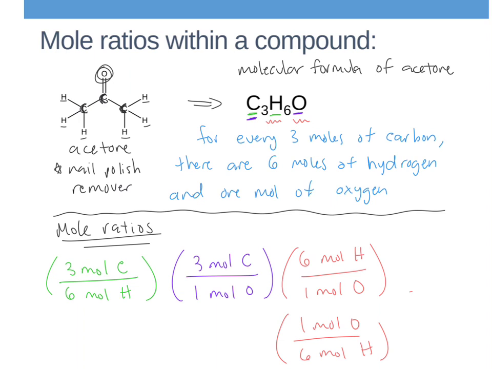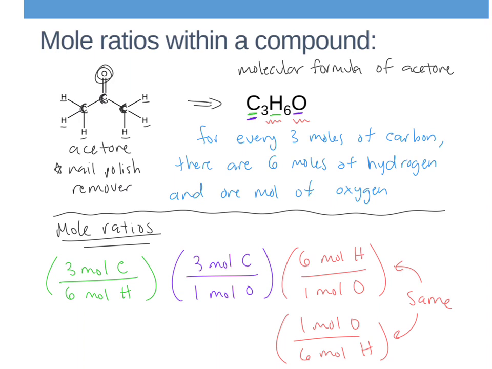That's saying the same thing, just like with other unit conversions. Saying there are 12 inches in a foot is the same thing as saying 1 foot is 12 inches. It doesn't matter which one you say first. They're the same thing. So here I have written 3 different mole ratios for this compound.